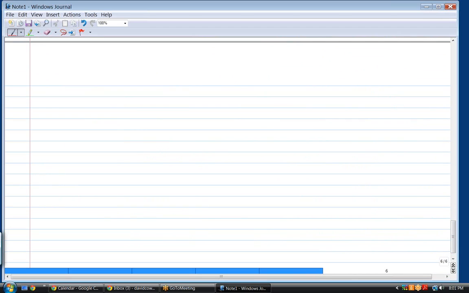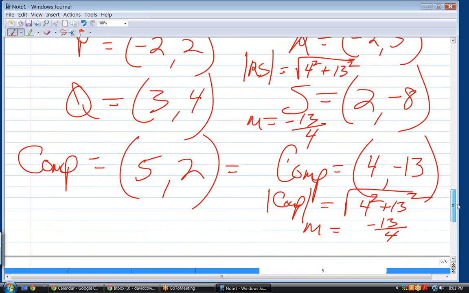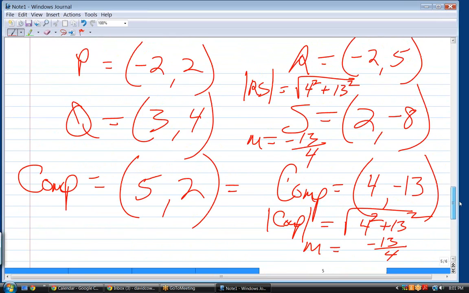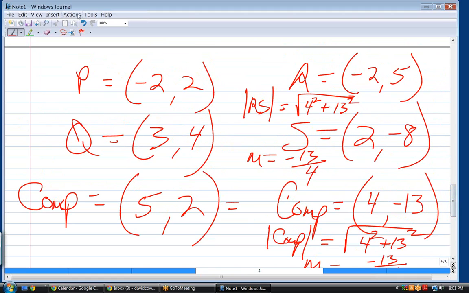The next one, they use the same values at 2QS. I'm sorry, they use the same value as what? They use the same values that we just used for those two. Okay. And they're using 2QS. So P is still going to be -2, 2. Okay.